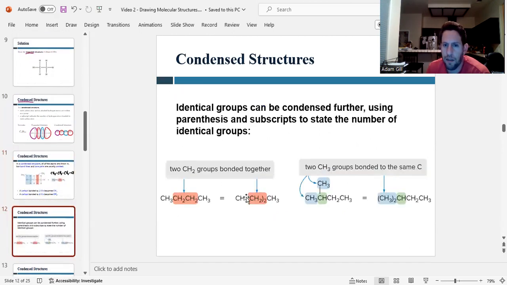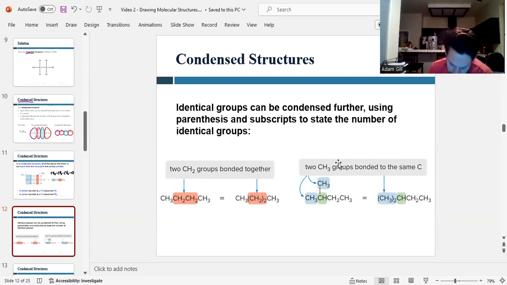So let's look at another example here. If we had that CH3, CH2, CH2, CH3, notice that there's 2 CH2 groups right next to each other. We could further condense those and just write CH2 once and then put a subscript 2, telling us that there's 2 of those same identical groups right next to each other.